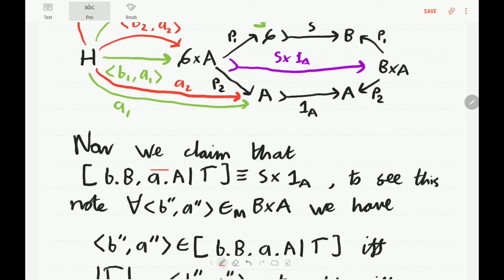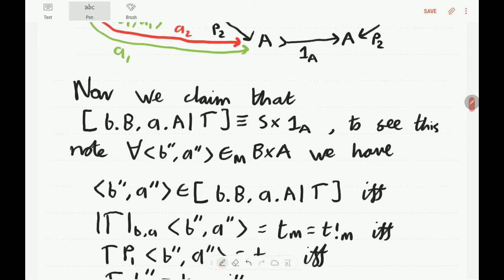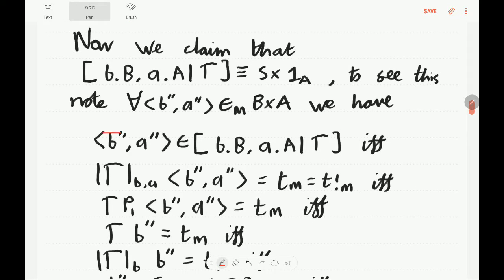Now, in order to show that these two things are equal, we just want to show that B double dash comma A double dash is in this extension here if and only if it's in S times 1A.